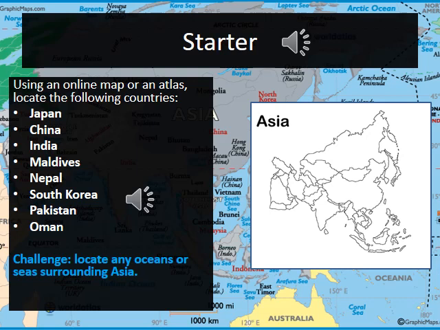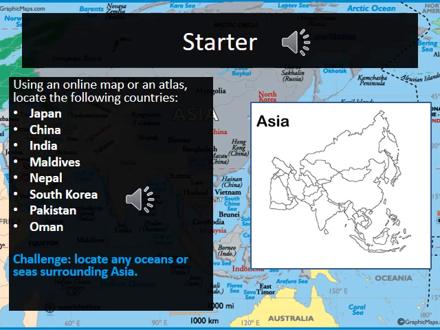Right, so as a starter activity, I'd like you to have a look at the internet or an atlas if you've got one, or you might have a globe, or a poster on the wall of a world map, and try and plot where the following countries are on the map that is on the next slide.